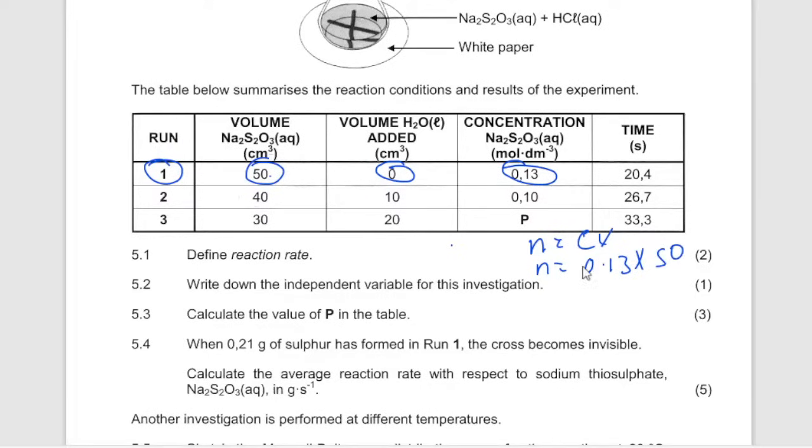But don't forget that this is not in decimeter cubed, so I have to convert it into decimeter cubed by dividing by 1000, and then your calculator is most likely to give you 0.065. You have to calculate and find out the actual answer. Maybe when I was doing it, I did not do the perfect calculation, but that's how you're supposed to do it. Now that I know this, I can go to this. Do you understand?